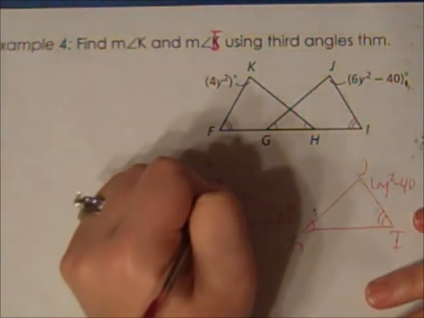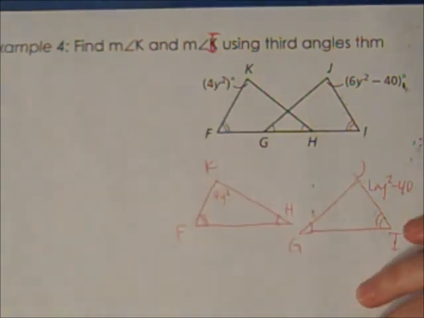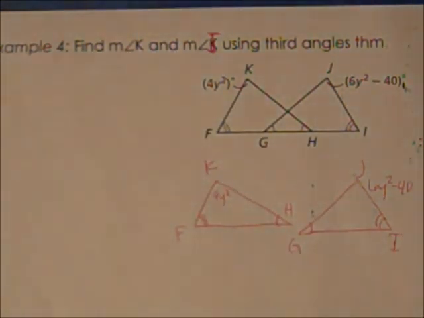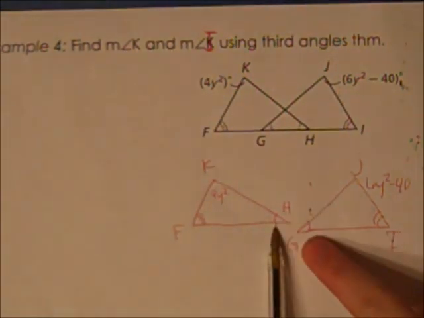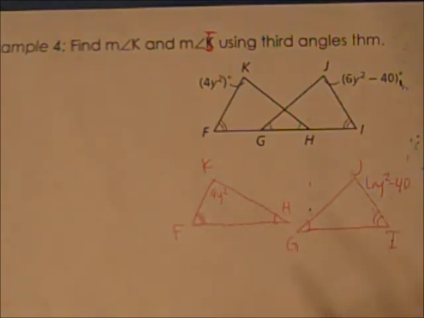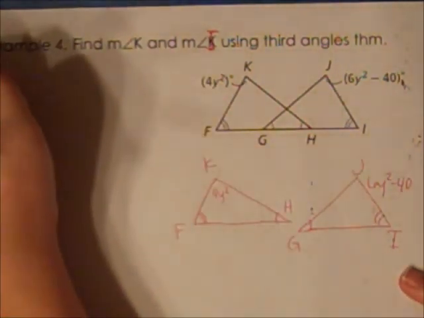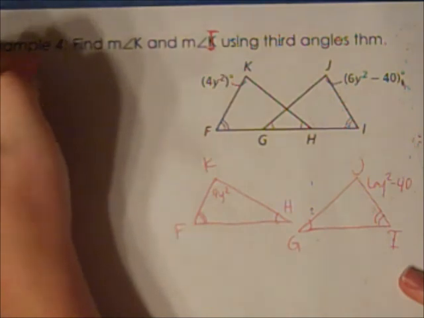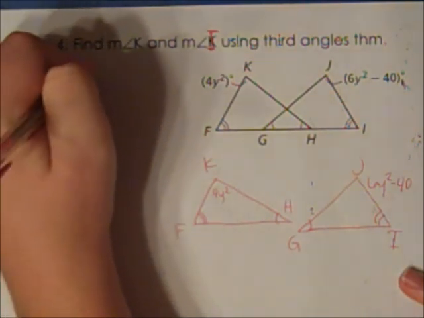That way, it's much easier to see what's going on. When this is separated, you can clearly see the third angles theorem. These two are congruent, these two are congruent. Therefore, the third angles theorem says angle K has to be congruent to angle J.